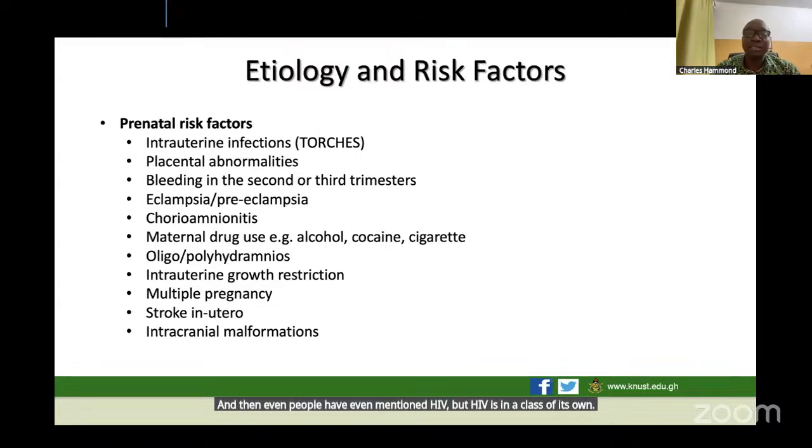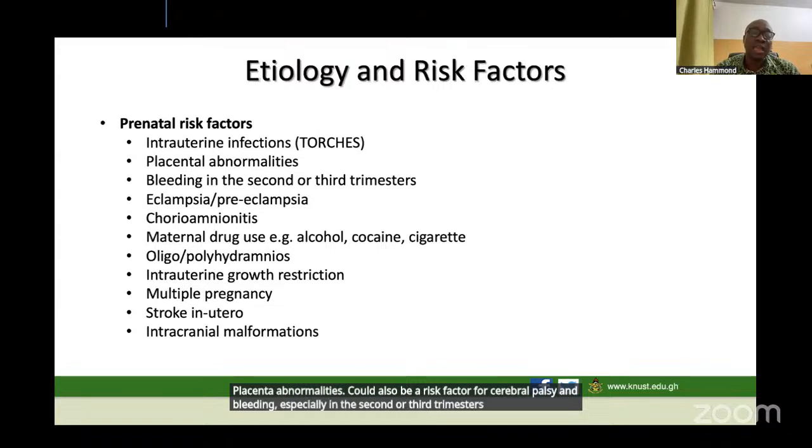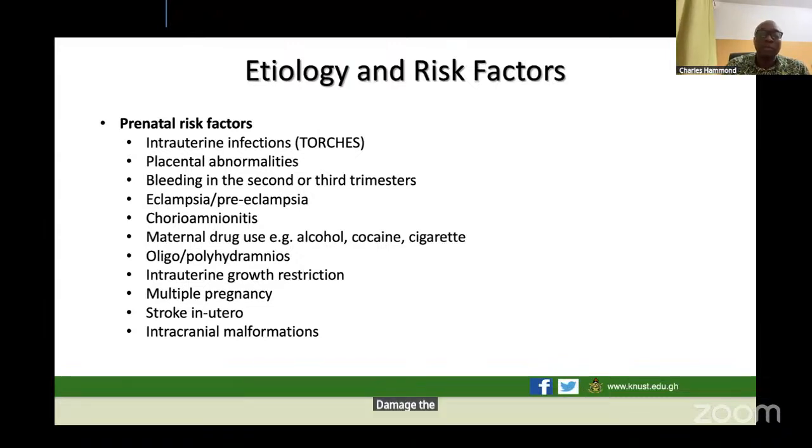Placenta abnormalities could also be a risk factor for cerebral palsy, and bleeding, especially in the 2nd or 3rd trimesters, and conditions like eclampsia, preeclampsia, chorioamnionitis, and maternal drug use, especially alcohol, cocaine, and tobacco. These are potential teratogens, and they can damage the brain of the developing fetus.